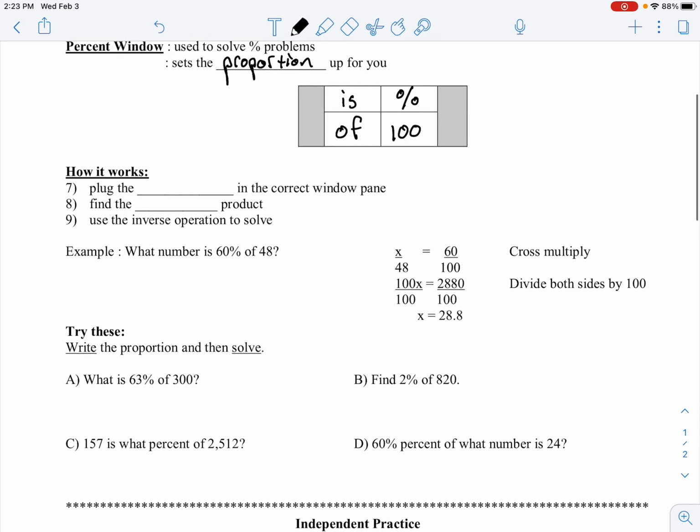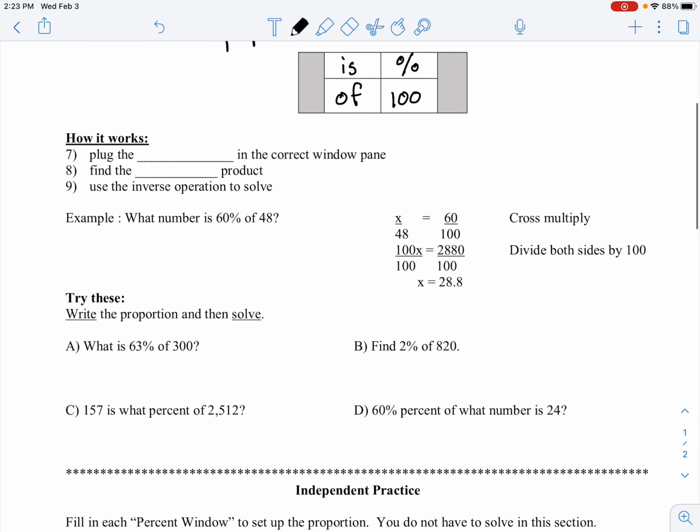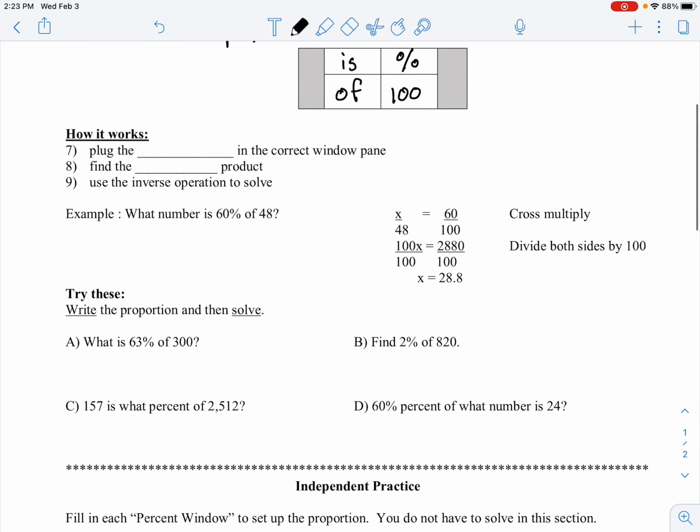How this percent window is going to work is, sorry if I'm scrolling a little too fast, just go ahead and pause it so you can complete your notes. We plug the numbers we're given into the correct window pane, find the cross product like we did last week.